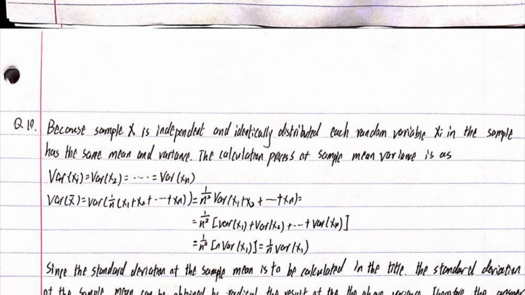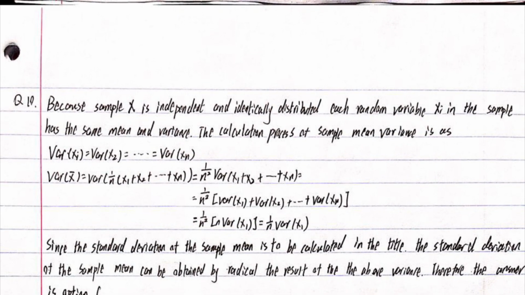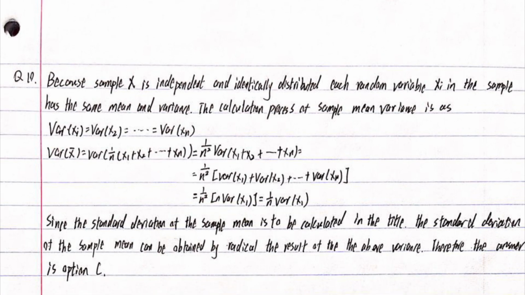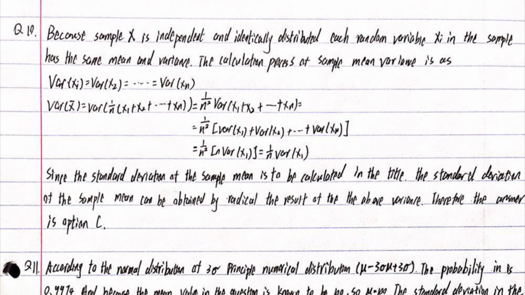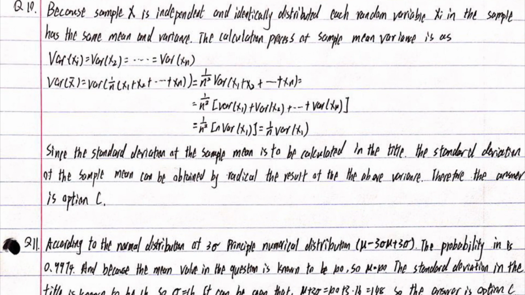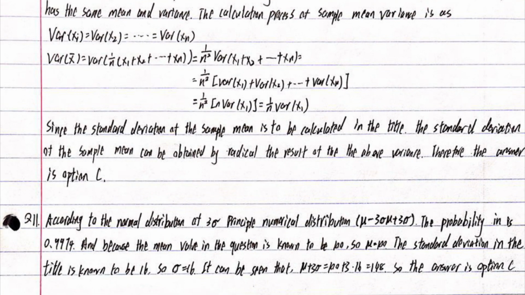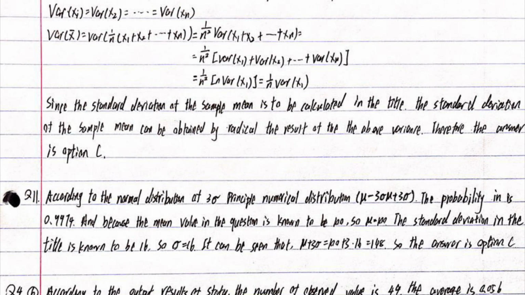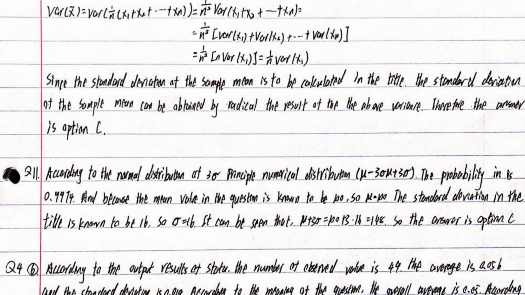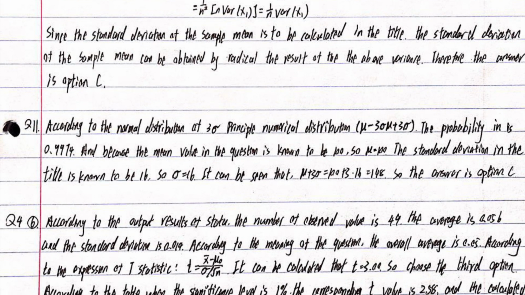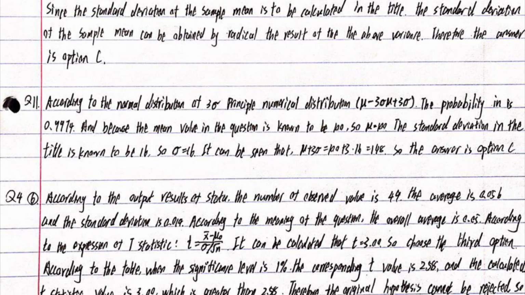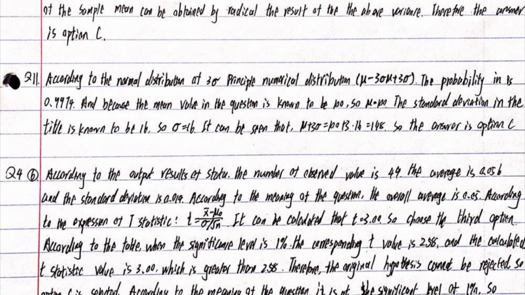The big question is question 4, and the small question is 6. Question 6 in question 4. According to the output result of the data, the number of observed values is 49. The average is 0.056, and the standard deviation is 0.014.